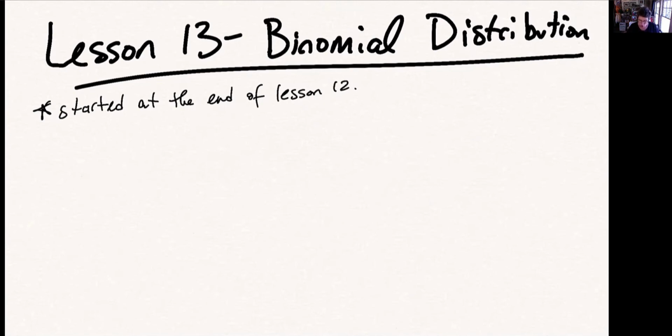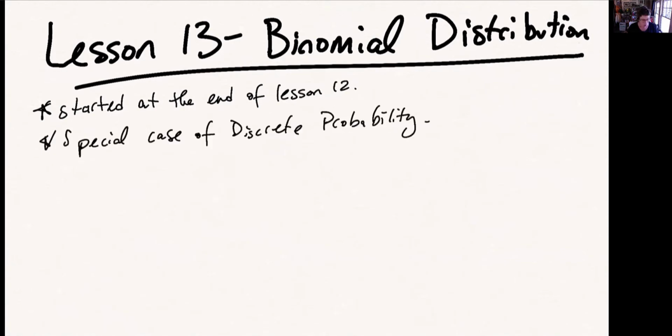Okay, so binomial distribution is a special case of a discrete probability distribution. Discrete variables, remember, are counting numbers. Binomial, the name lends itself, bi meaning two. So binomial distributions have only two outcomes. So our outcomes are a binomial choice.